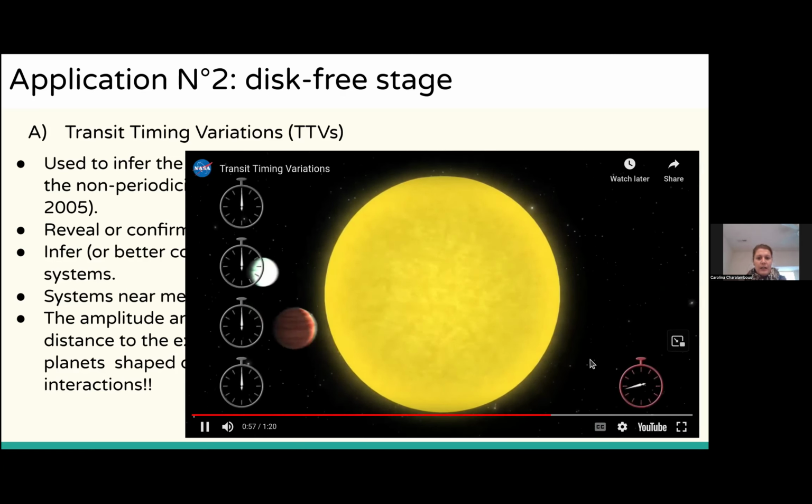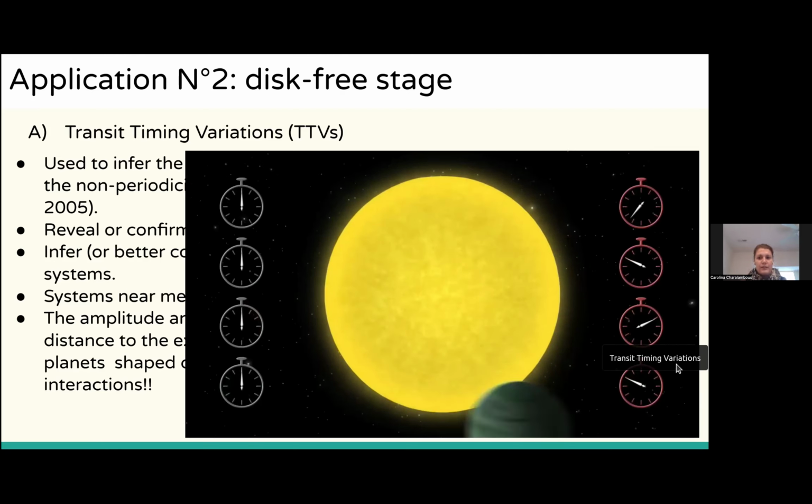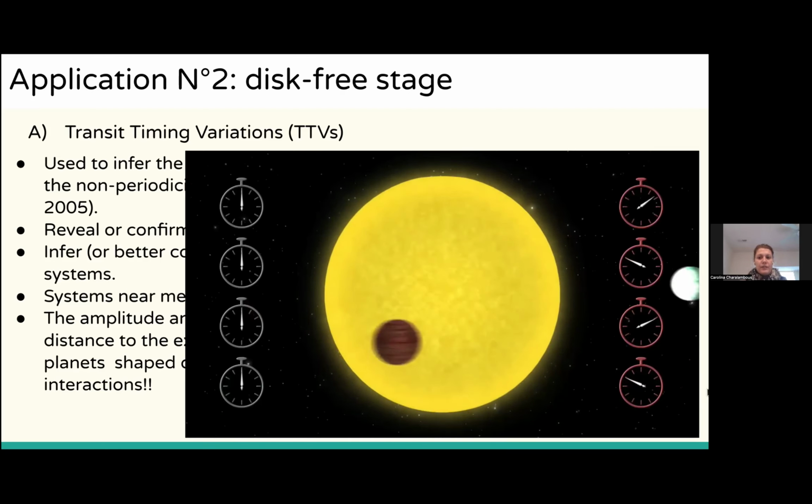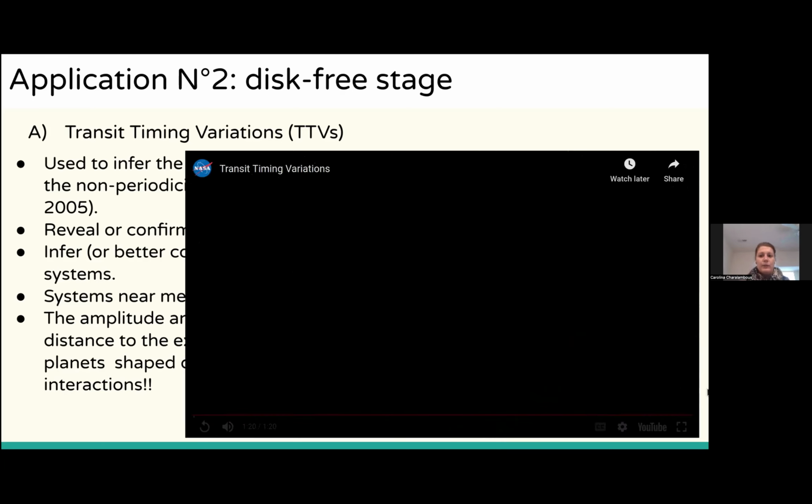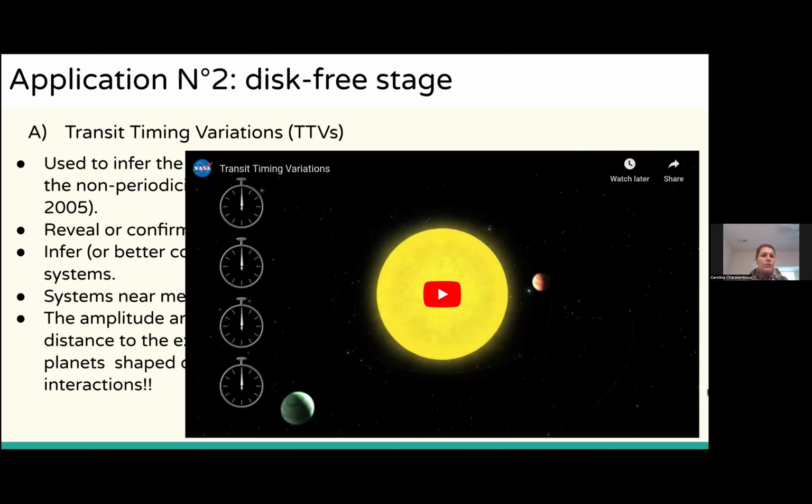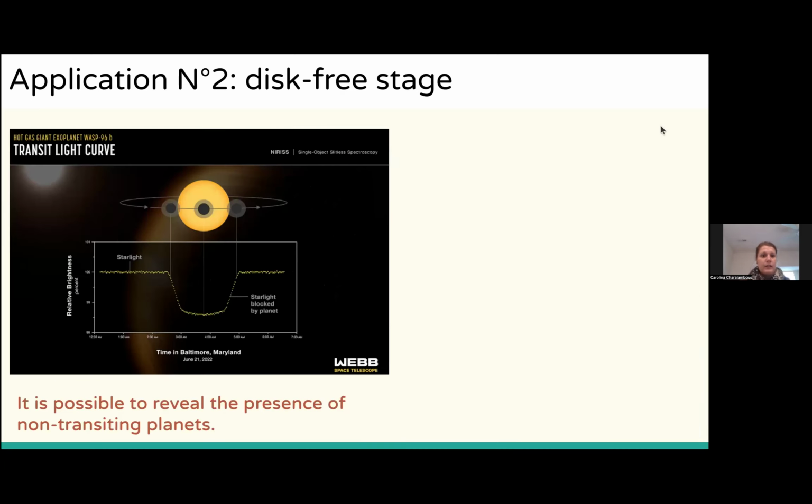And here you can see that it is not as periodic as before, because now there is a variation in the time of the transit. So with these variations, we are able to infer the presence of a non-transiting planet, and this will help us to increase the amount of planets that are detected, and depending on the variation, we can infer the mass of the non-transiting planet as well.